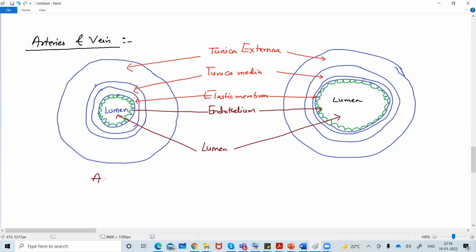This is artery. This is vein. I will show you the structure of arteries and veins.